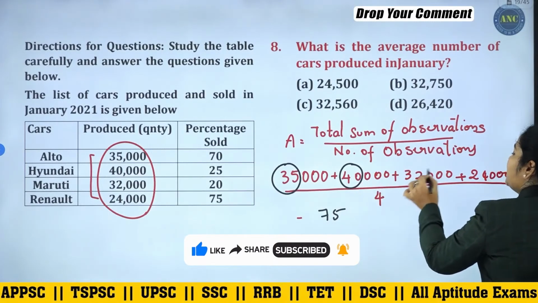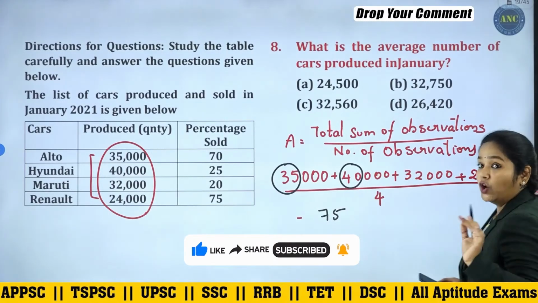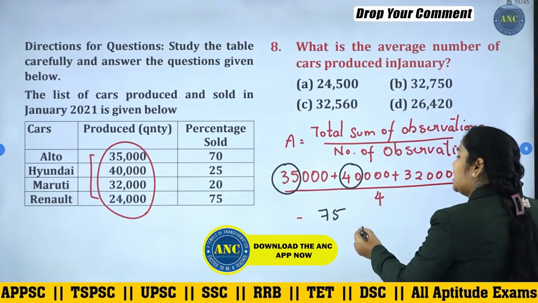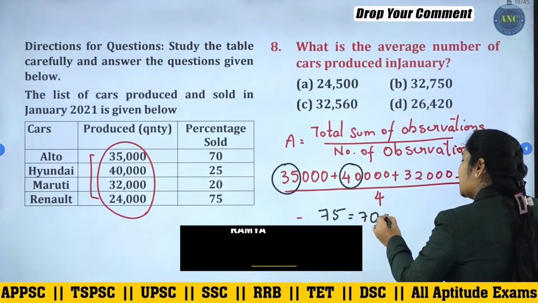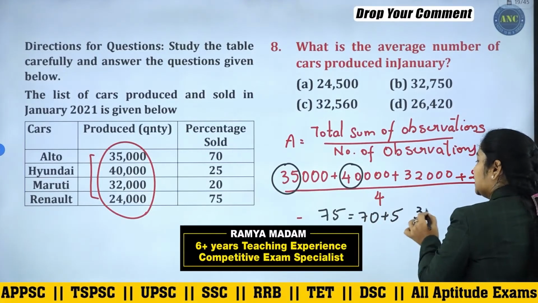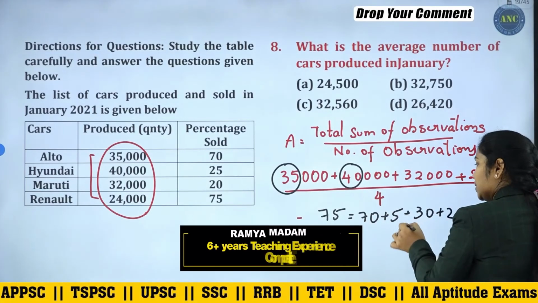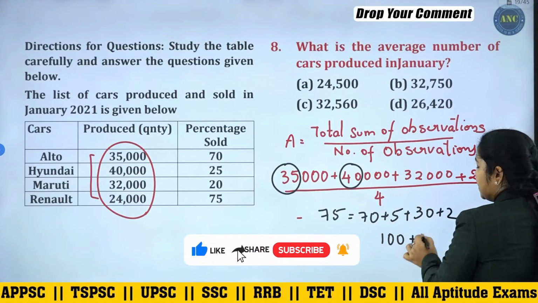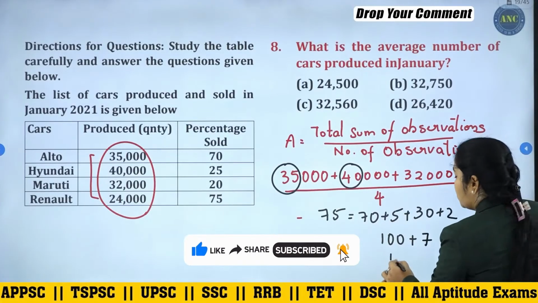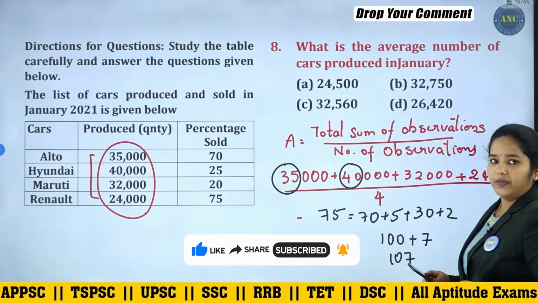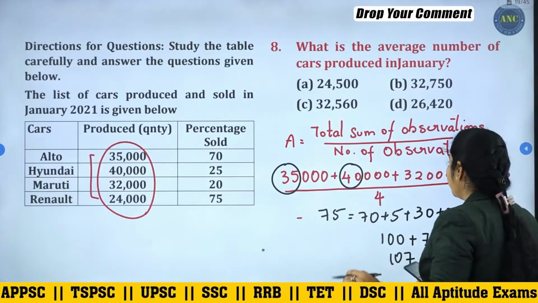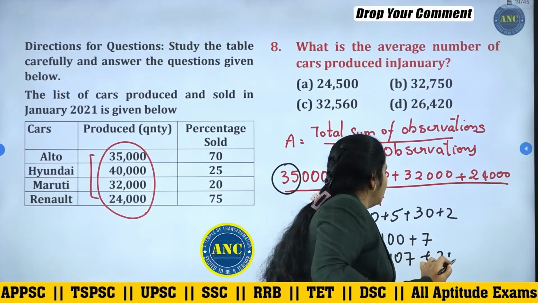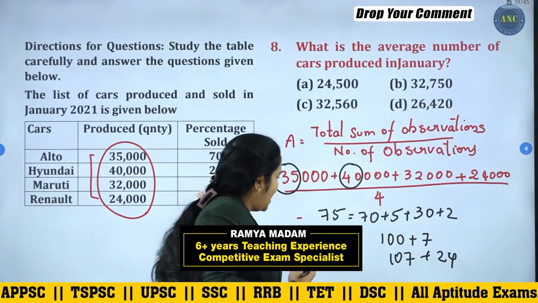This 75 plus 32. What I told you, when you are doing addition, you can break this down. 75 is 70 plus 5, 32 is 30 plus 2. You will add 70 plus 30 is 100. 5 plus 2 is 7. 100 plus 7 is 107. Clear? Again, last we have 24.